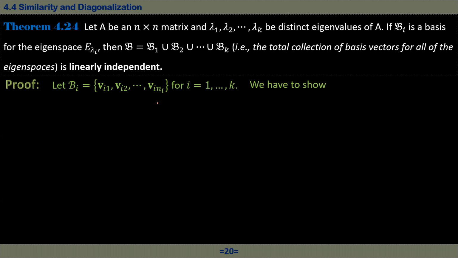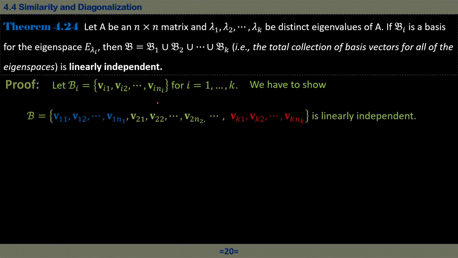So we have to show that these vectors, v11, v12, dot dot dot, v1n1, are the basis vectors of the first basis B1, and this one has the basis vectors of the second eigenspace, and these are the basis vectors of the k-th eigenspace. We are going to show that these vectors are linearly independent.